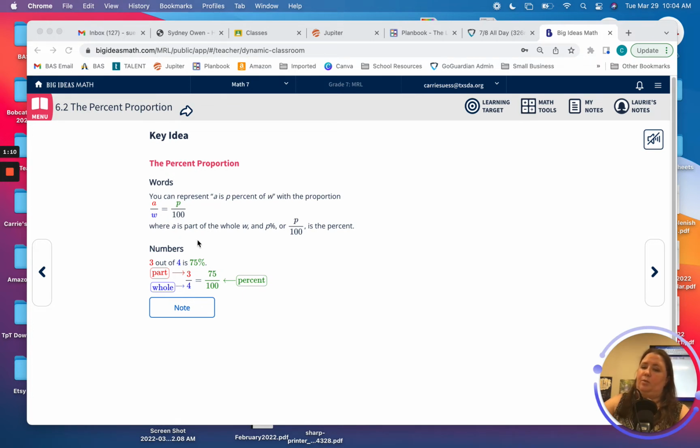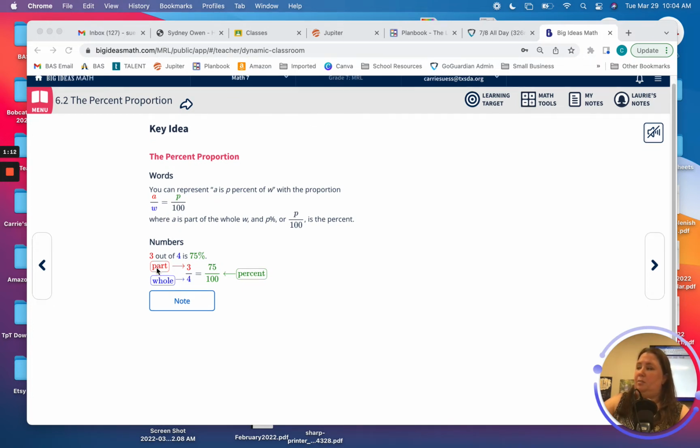All that gibberish down here, let me explain it with numbers. If I have 3 out of 4, and I write that as a ratio, 3 over 4, I can convert that to a percentage. Most of you will know off the top of your head it's 75%. But if you write 3 over 4, you find the equivalent fraction over 100, and the top number is your percentage.